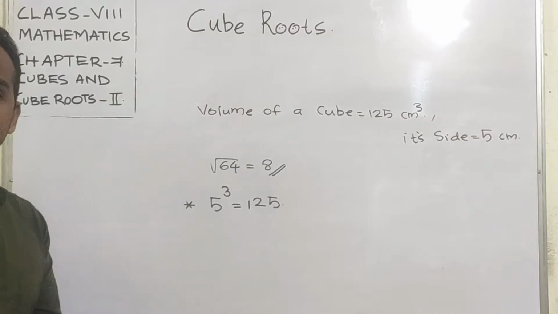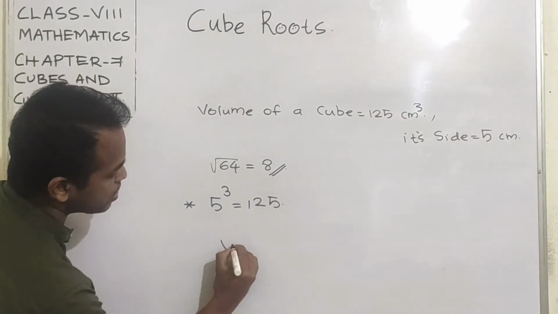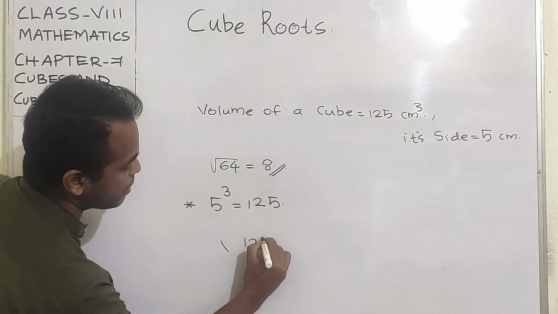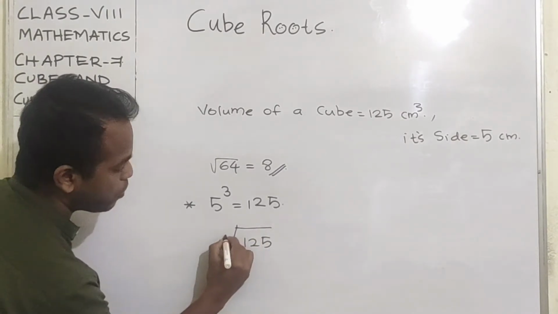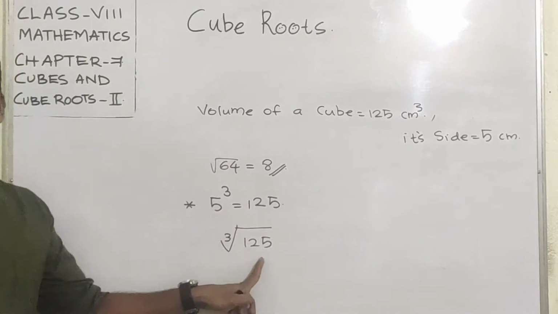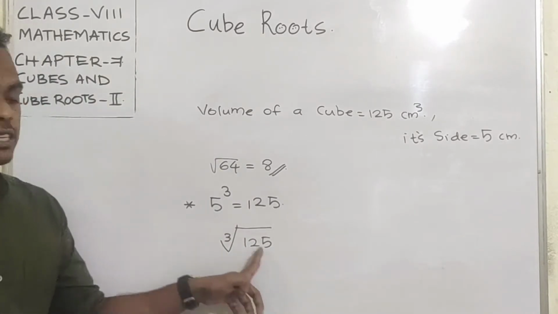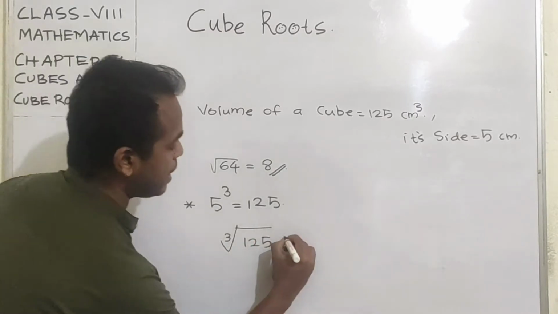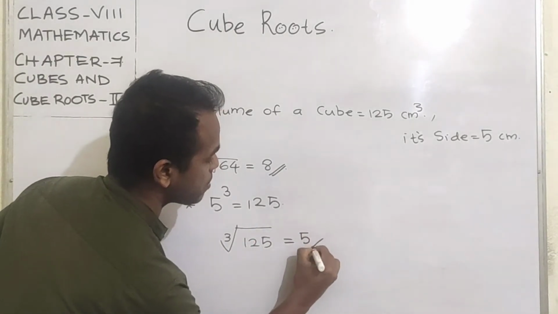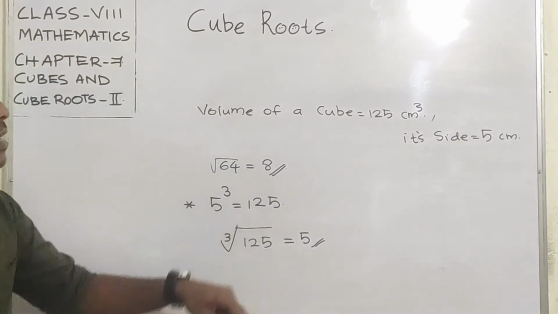Now take the inverse operation, that is root of 125. But we use a different notation. We will put a 3 here and we will read this as cube root. So how will you read this one? Cube root of 125, and we can write it as 5. I hope you understood the concept.